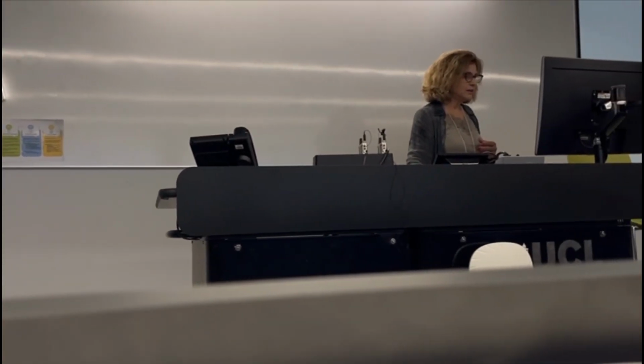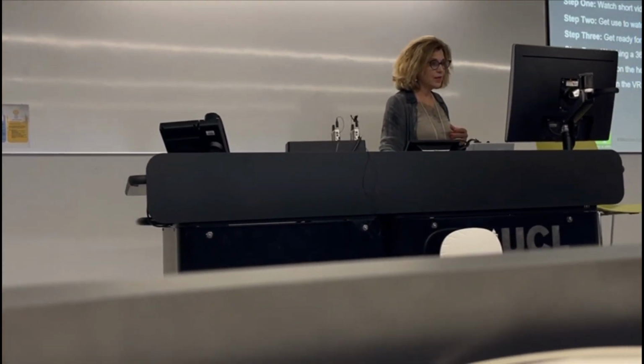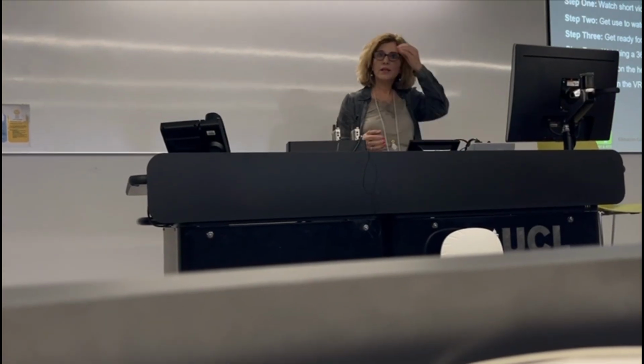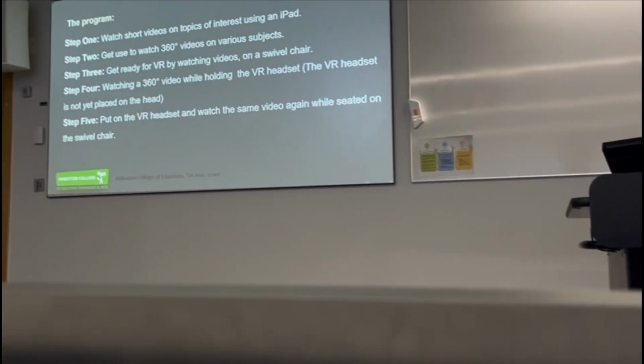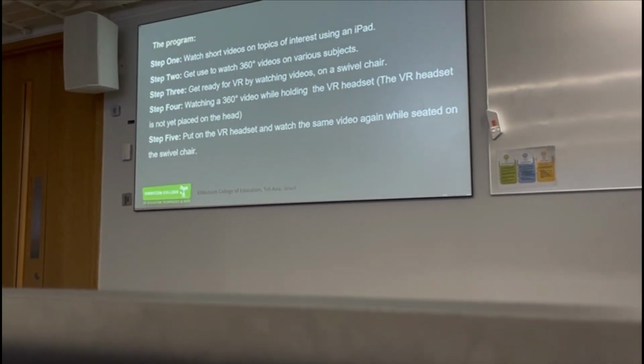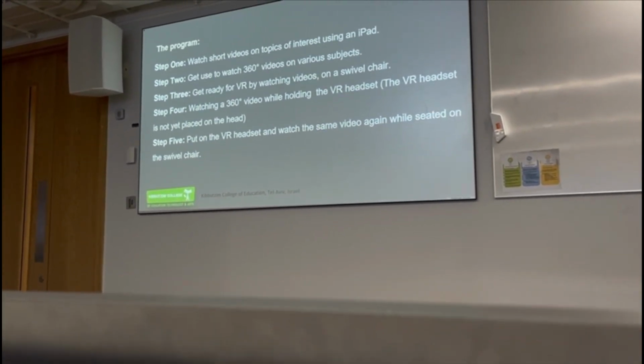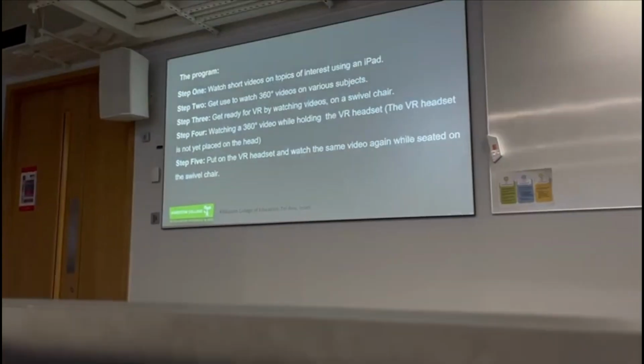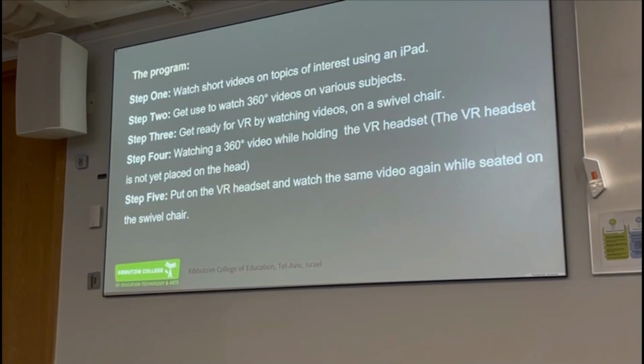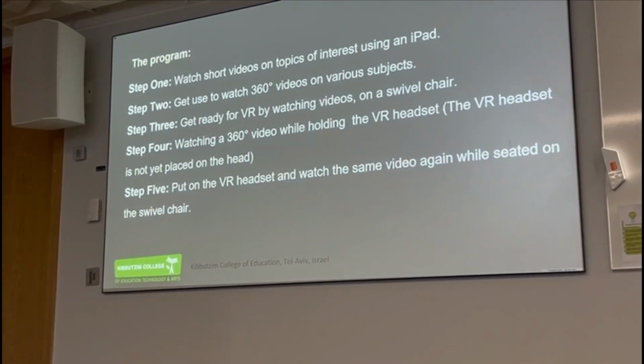After they did that, they planned their instructional program, and both used these steps in order to implement this program. Step 1 is to watch short videos on different topics, just short videos with the iPad.